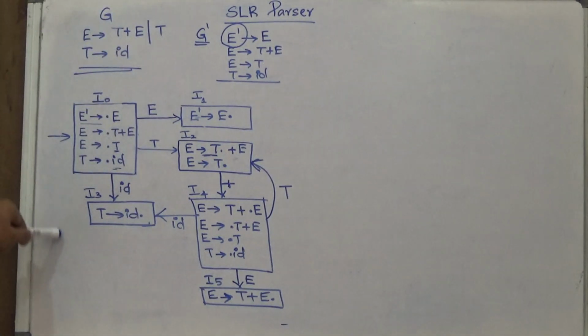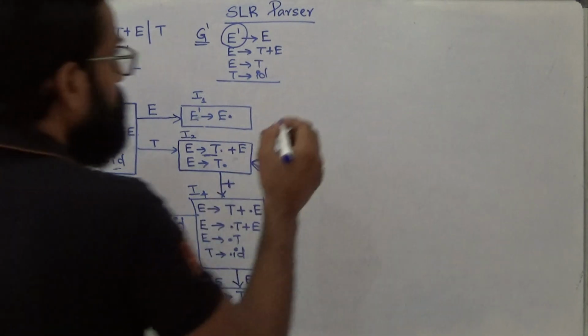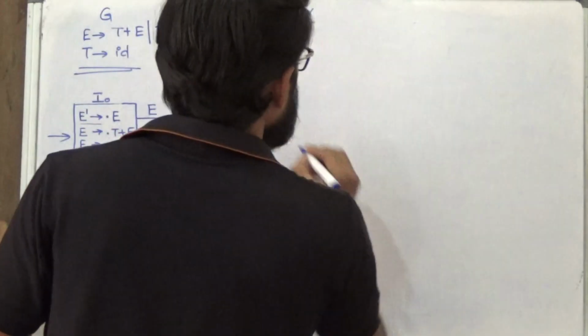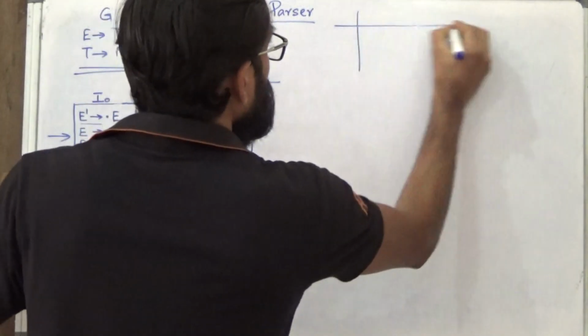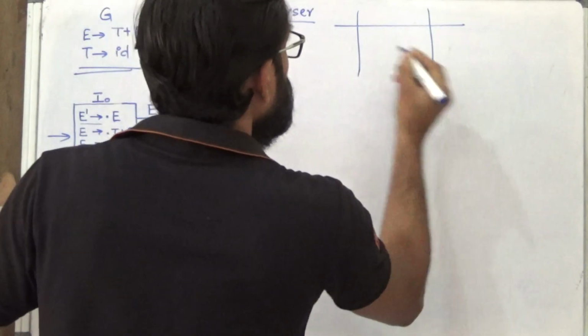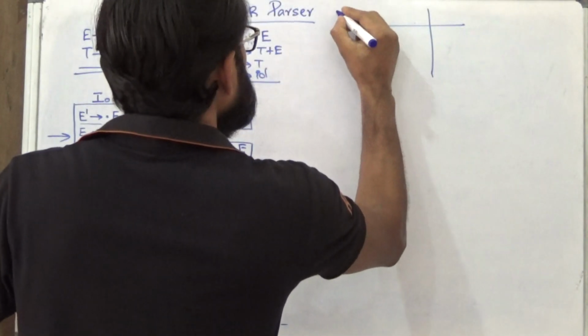Now once after constructing this DFA from the given grammar based on the LR0 item sets, you can construct the parsing table. Before that, you just need to compute follow of each non-terminal.